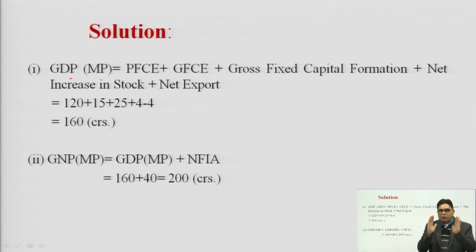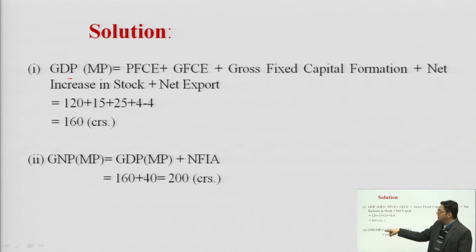So, we need to remember by which method where we are reaching, and where the question is demanding that we have to reach. For example, by expenditure method we had reached GDP at MP, but the question is saying you have to reach GDP at FC. So, from MP to FC we have to add subsidy and minus the indirect taxes.